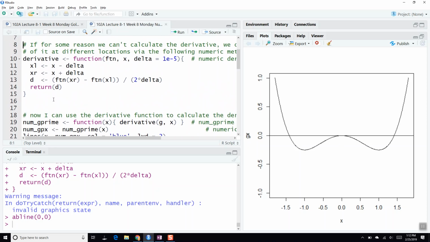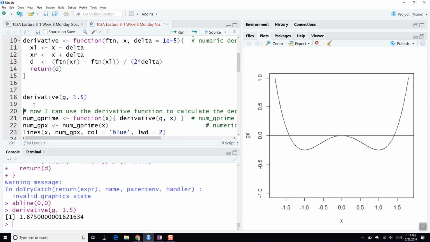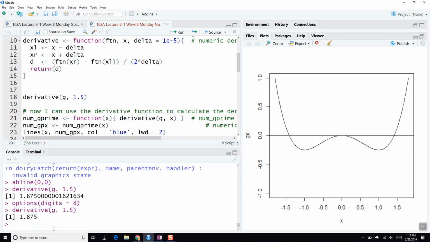Is that okay? And so I can just say, well, what is the derivative of g at 1.5? And it tells me it's 1.875000000. If I set my options digits equal to 8, then I get 1.875. The actual derivative is x cubed minus x, so I could just try that: 1.5 raised to the 3rd power minus 1.5.